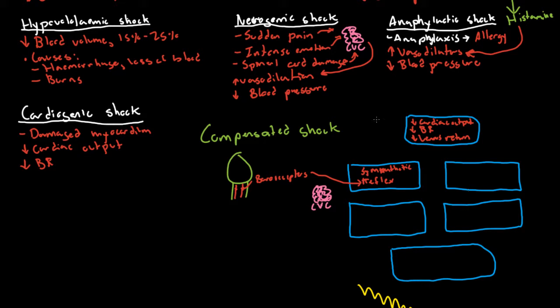Now, what's also going to happen is a low amount of blood pressure is going to release two key hormones, and those are ADH and angiotensin II. So, we're releasing these two hormones. And those are the two main effects that happen right after our body sees that it's undergone shock.